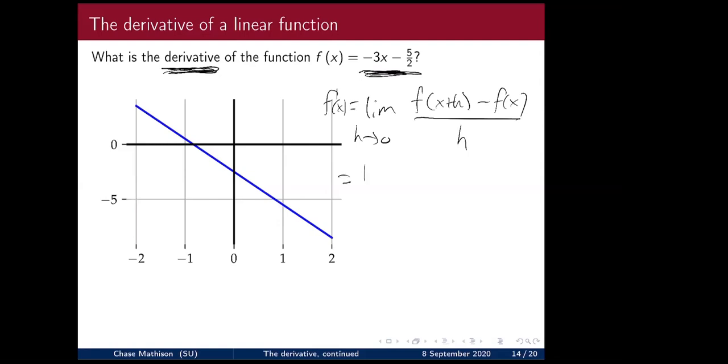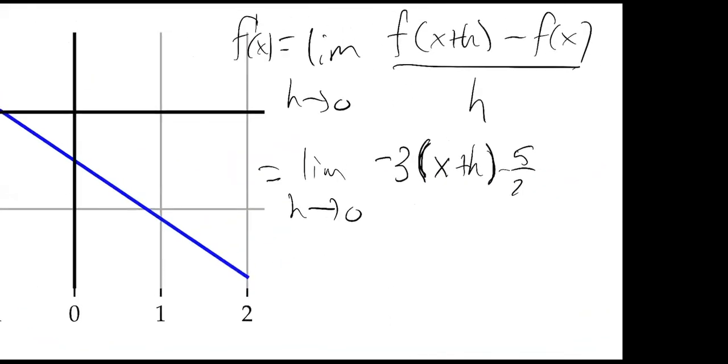This is equal to the limit as h approaches 0 of negative 3 times, in parentheses, be careful here, x plus h minus 5 halves, minus negative 3x minus 5 halves, all divided by h.